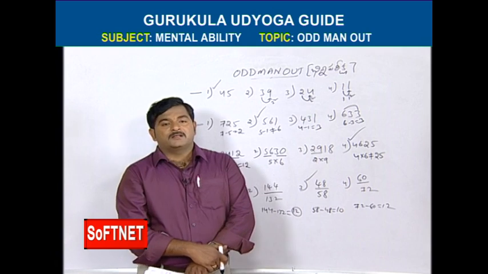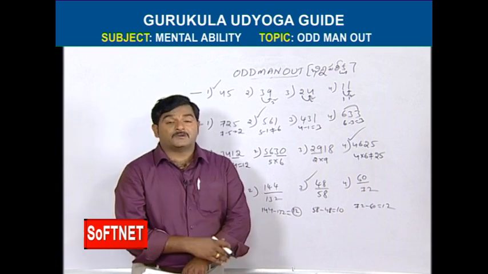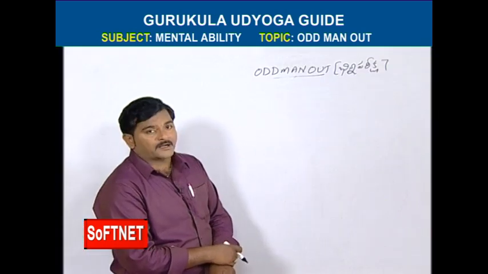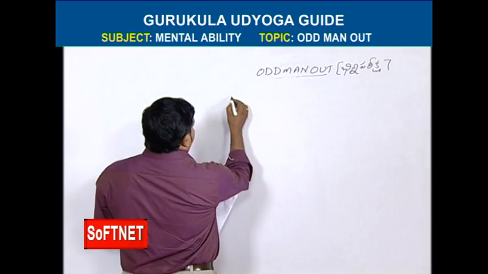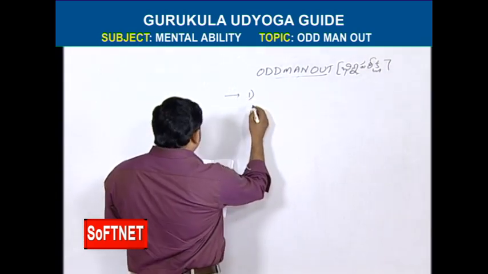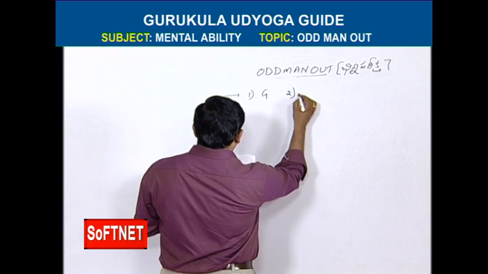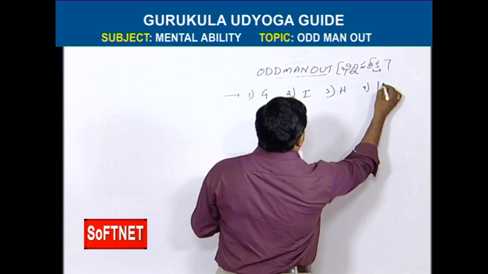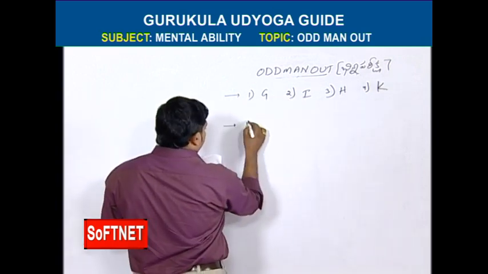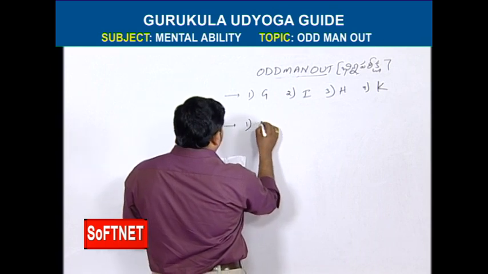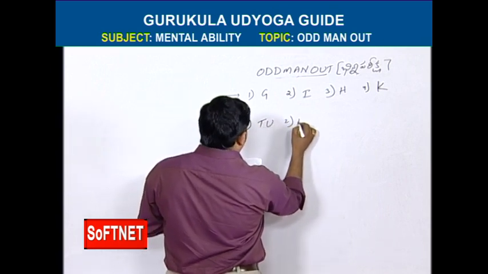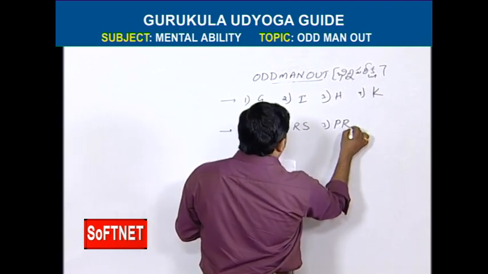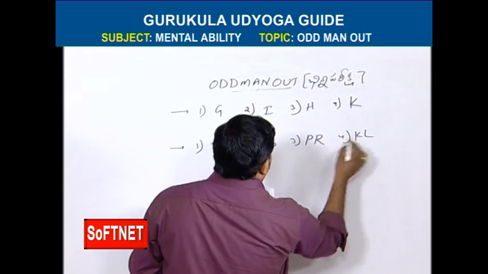Now we will discuss number odd man out part. Next we will focus on letter odd man out. Let us start by taking the first question. First option G, second option I, third option H, fourth option K. Next question: first option TU, second option RS, third option PR, fourth option KL.